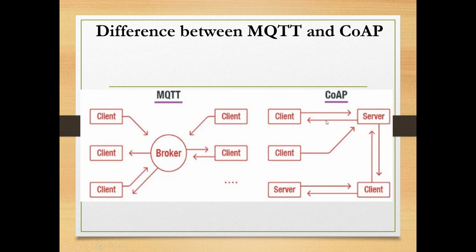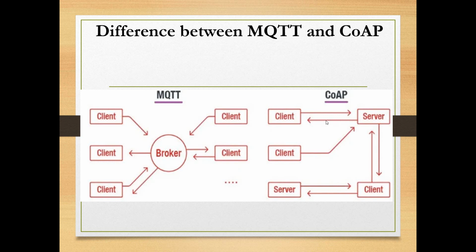between MQTT and the constrained application protocol? MQTT is a communication that takes place between clients or nodes through the server.